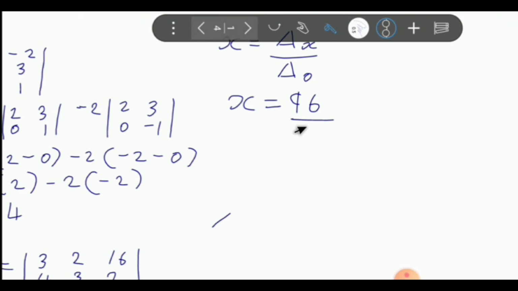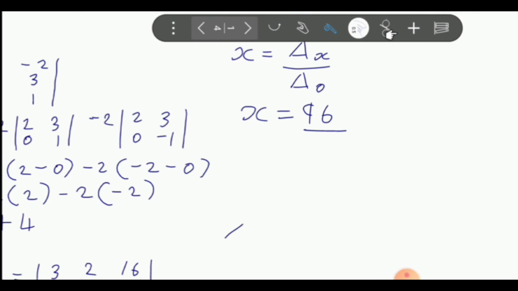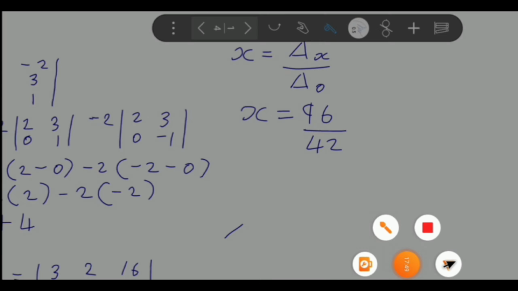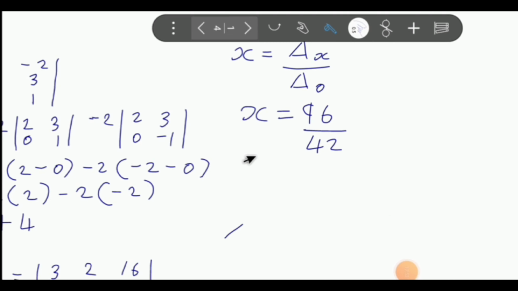So we see 96 over 42. If we reduce it to the lowest term, we get 16 over 7 as our value for x.